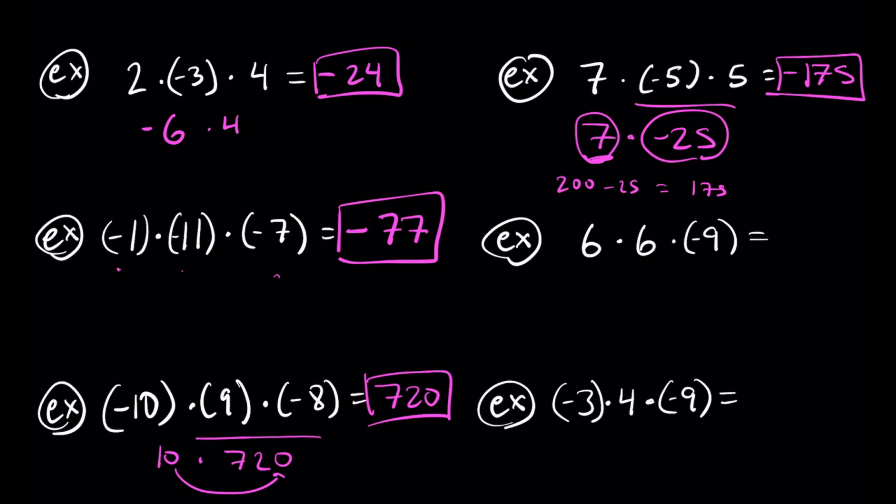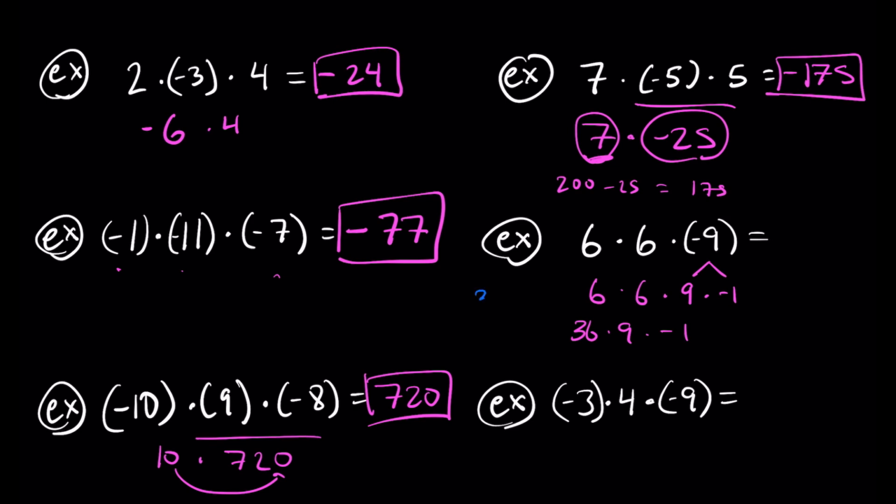One thing you can always do, too, to make it easier for yourself, if you have a negative number, that's equal to the positive version times negative 1. So that way we can just look at this thing with just positive numbers and then just multiply a negative 1 at the end, which is just going to change the sign. So 6 times 6 is 36 times 9 times negative 1.